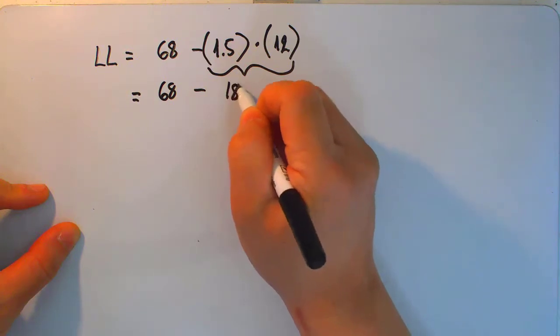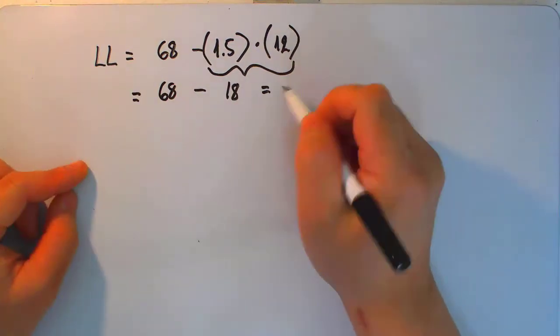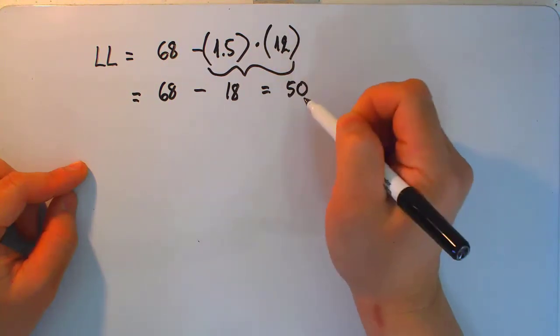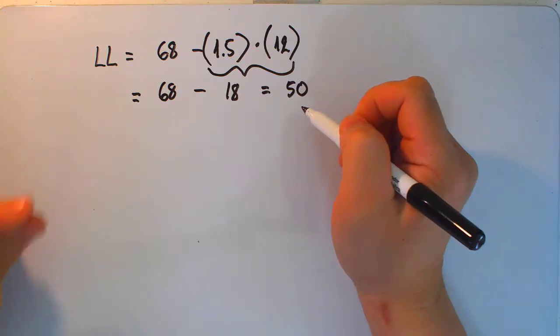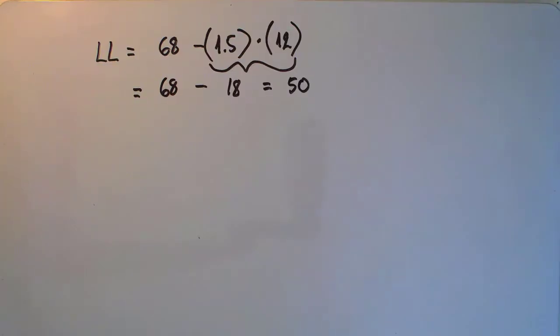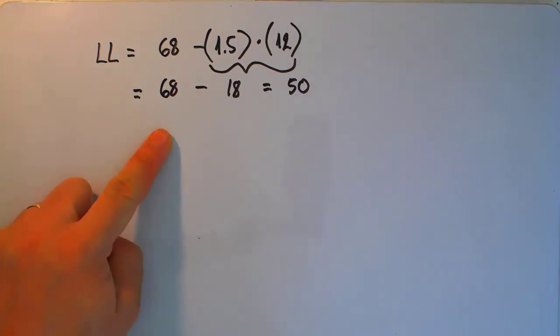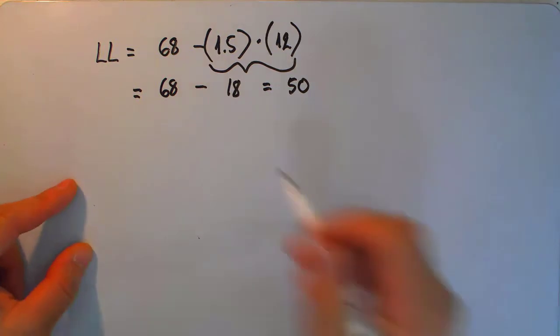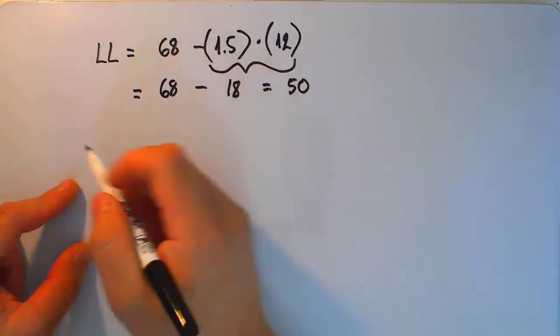So 68 minus 18, we end up with a lower limit of 50. I'm not too worried about explaining exactly what the lower limits or upper limits are doing to your data yet, but we will get there. For now, I'm strictly following the calculation formula given previously. And so my lower limit for data 1 is 50.